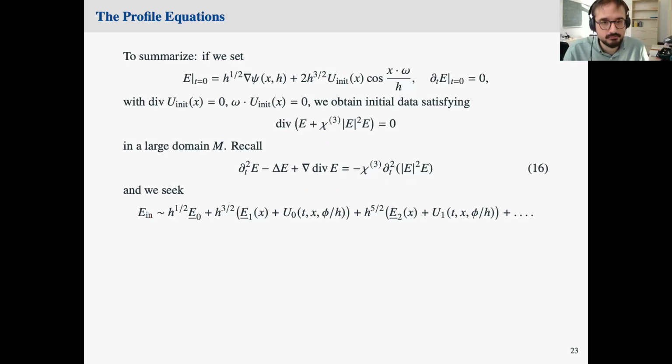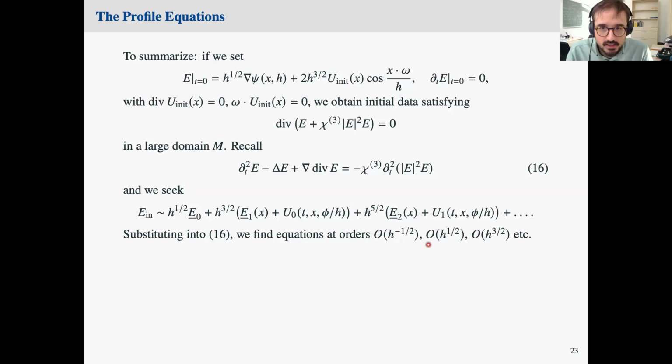So we create an ansatz of what an asymptotic solution should look like. As we mentioned, we start at h to the half with our non-oscillating field, and then we have the subsequent terms, which are weaker, and the beam starts at the next level, so at order h to the 3/2.